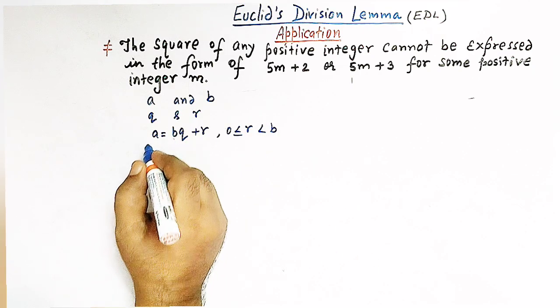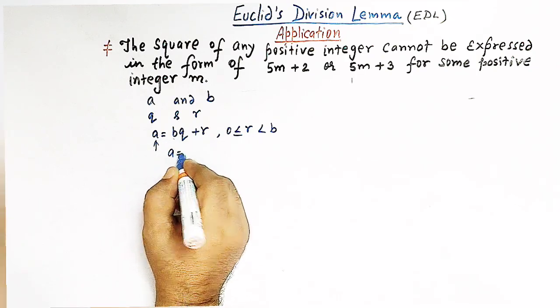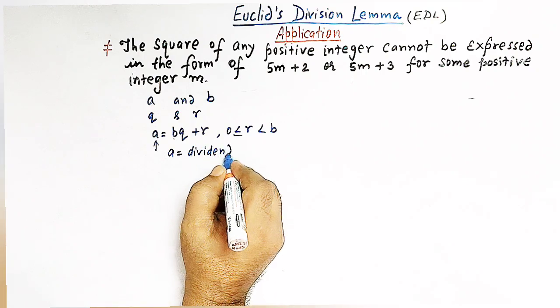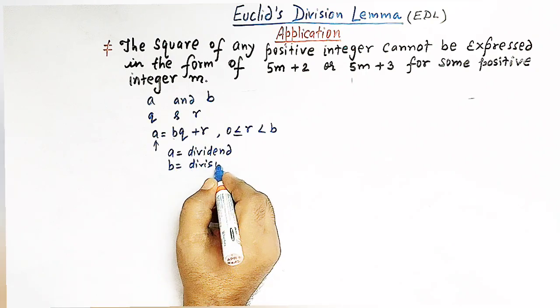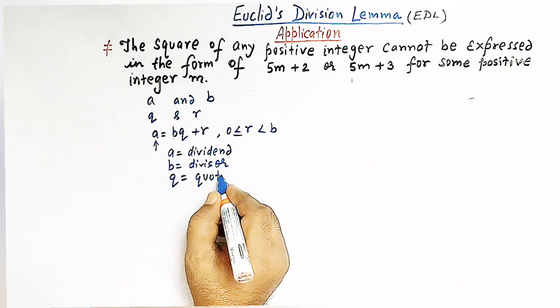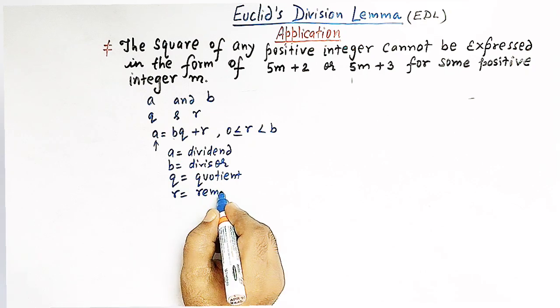Here a is known as the dividend, b is known as the divisor, q is known as the quotient, and r is the remainder, right?